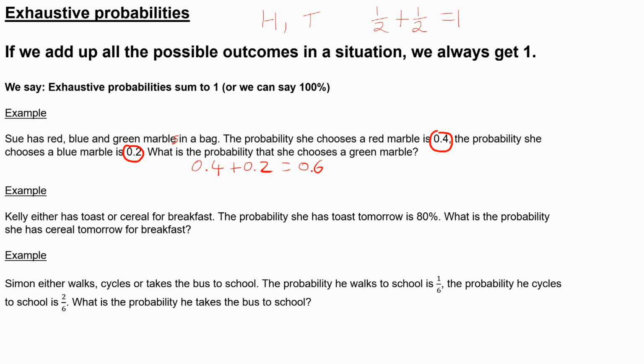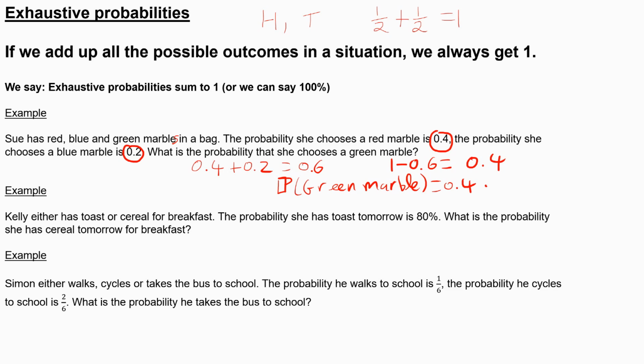Altogether, the probabilities need to add up to 1. So the missing probability is 1 take away 0.6, which is 0.4. So the chance that she chooses a green marble, which we can write as P(green marble), is 0.4.